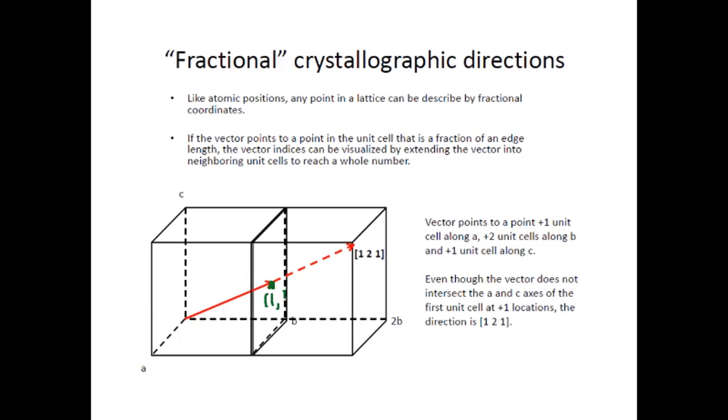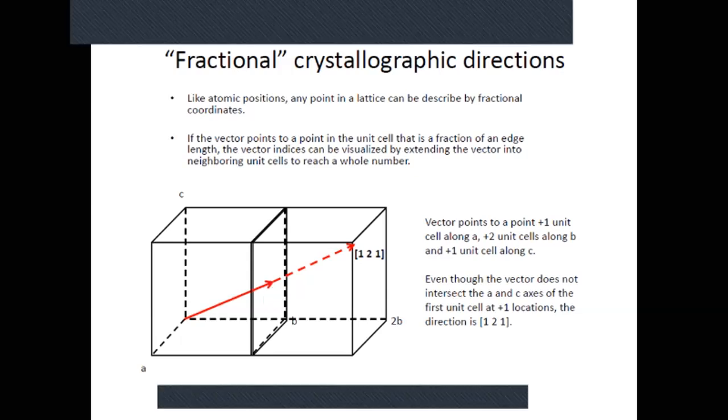Oh, never mind, don't worry about that. So just to let you know, for vectors, you can cross multiple unit cells to get a direction. So this is the 1, 2, 1 direction.